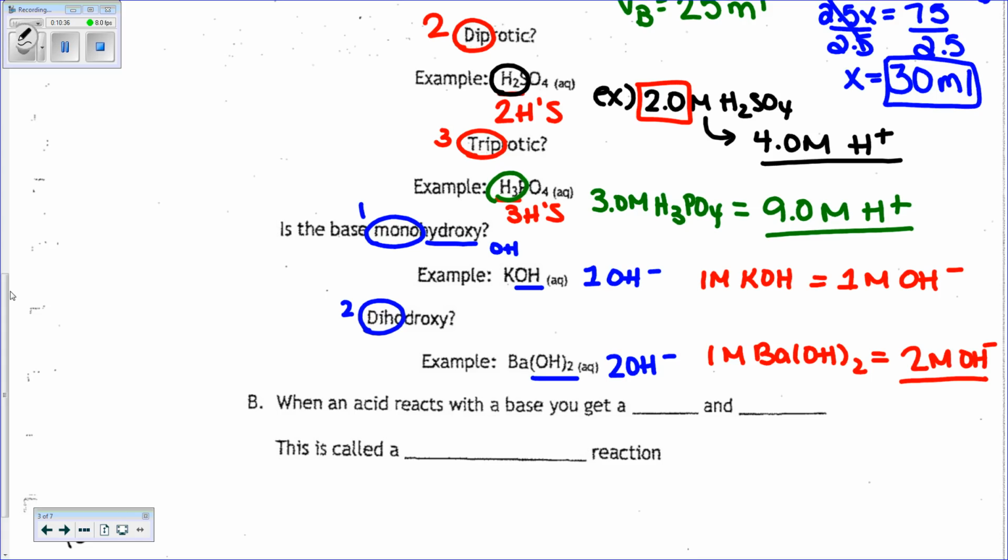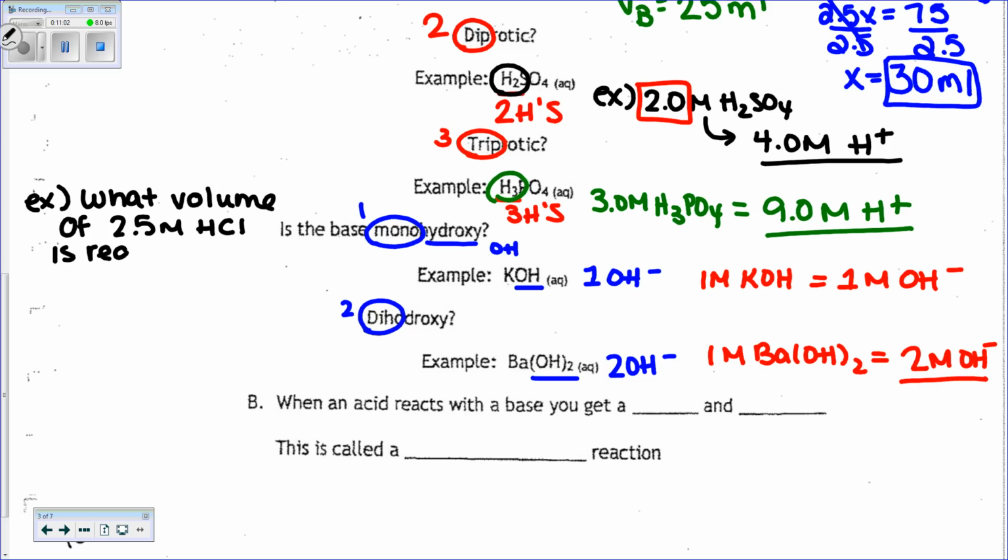So let's do another example. We'll do it right on the side. Write it with me. Example: What volume of 2.5 molar HCl is required to titrate 50 milliliters of 3.0 molar Ca(OH)2?